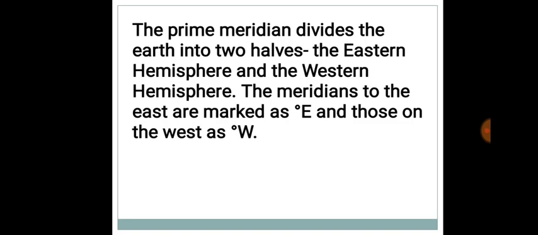The prime meridian divides the earth into two halves, the Eastern Hemisphere and the Western Hemisphere. The meridians to the east are marked as degree E, capital E meaning east, and those on the west as degree W, meaning west.